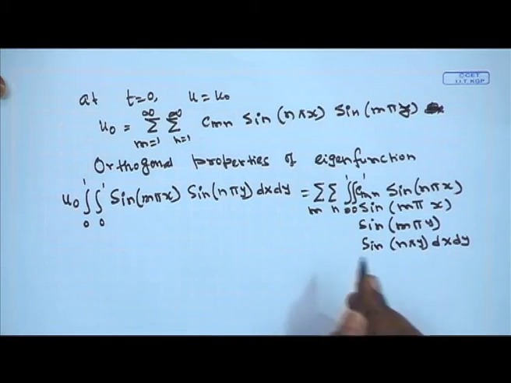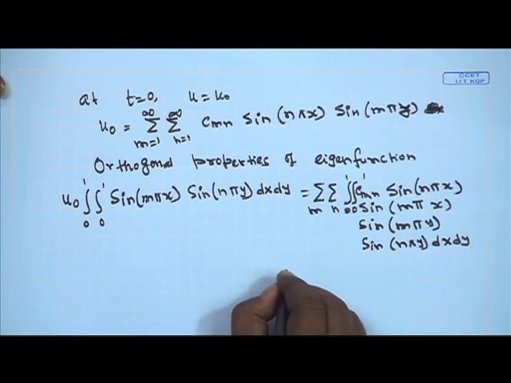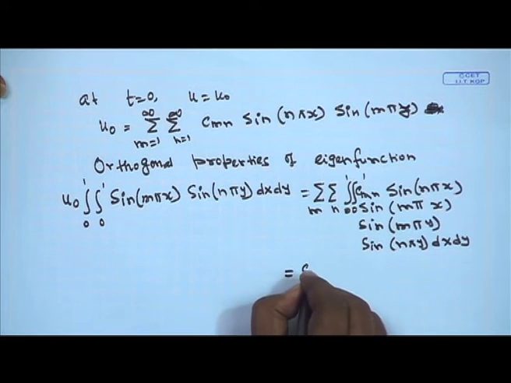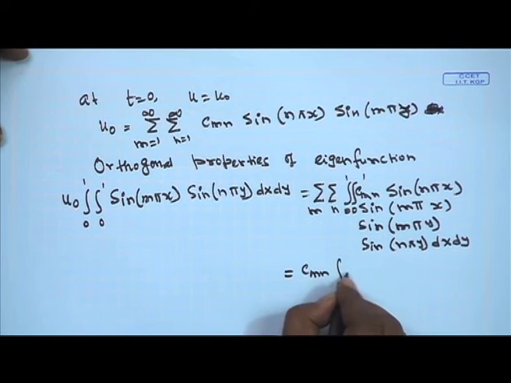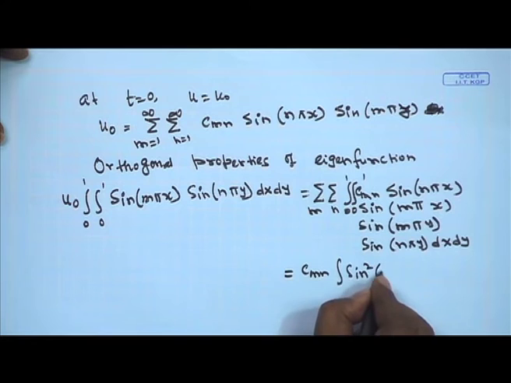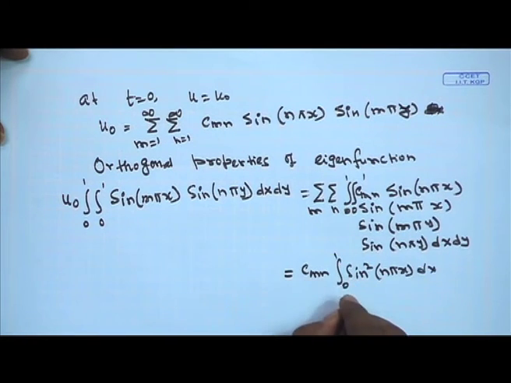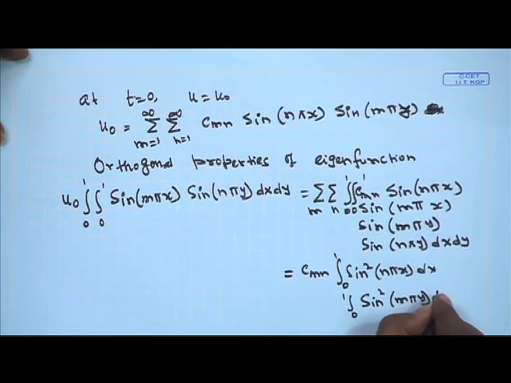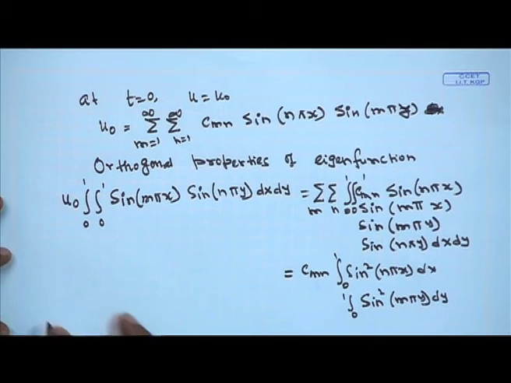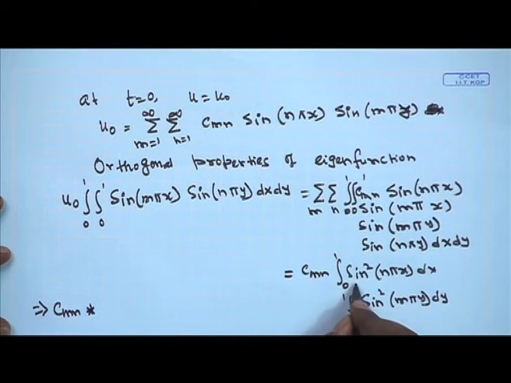When they are equal, only that term will survive. So, we will be having Cmn integral sin square n pi x dx 0 to 1 multiplied by integral 0 to 1 sin square m pi y dy.